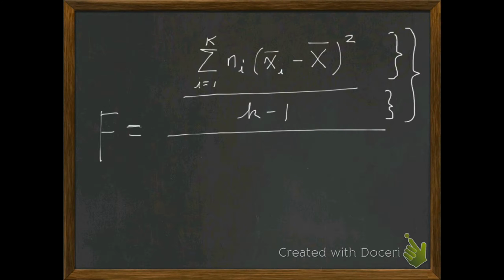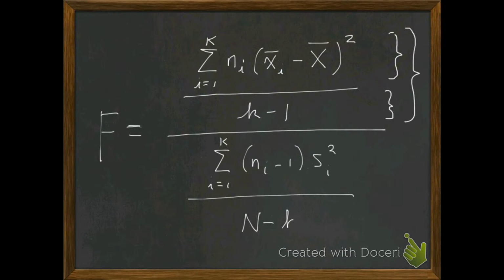In the denominator, we have the sum from i equals 1 to k of n sub i minus 1 times the variance of each group, divided by n minus k. So gang, this part right here is known as the sum of squares for the error.